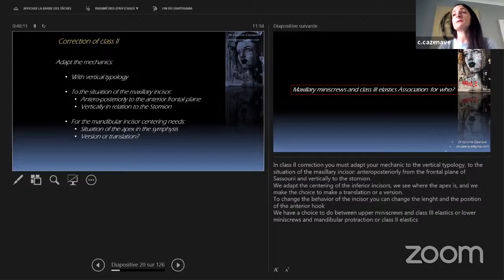We see where the apex is, and we make the choice to make a translation or a version. To change the behavior of the incisor, you can change the length and the position of the anterior hook. And we have a choice to do between upper mini screws and class 3 elastics, or lower mini screws and mandibular protection or class 2 elastics.